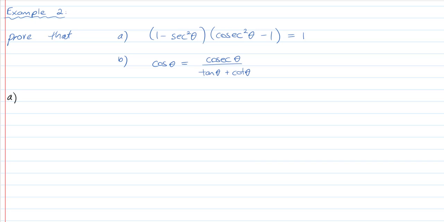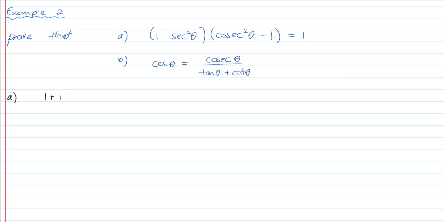So what I do want to recognise though is that there's a nice relationship between sec and cosec and cot and tan. And cot and tan get us really close to sine and cos nice and easily. So I'm going to work on that relationship. And that relationship comes from these two Pythagorean identities that are on your formula sheet. So the first one is that sec squared theta and tan squared theta are related.